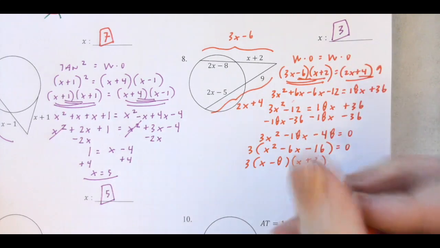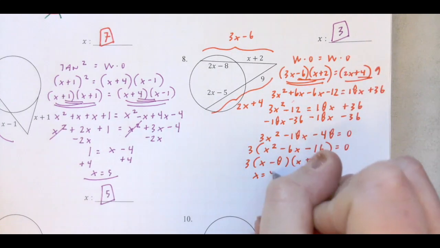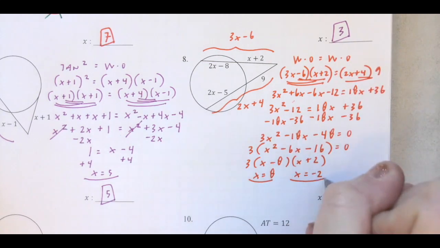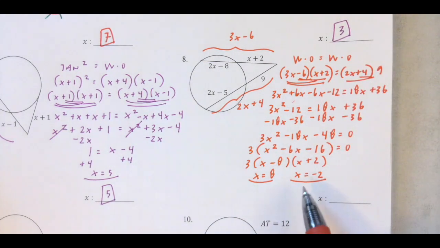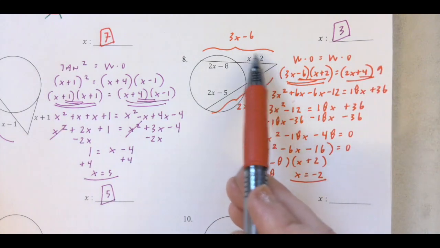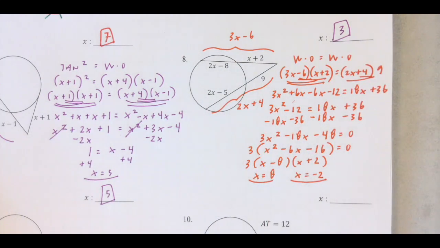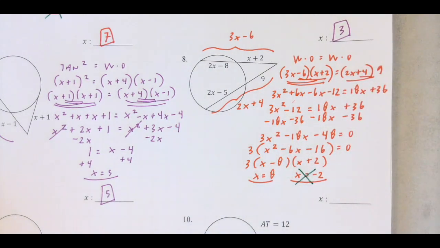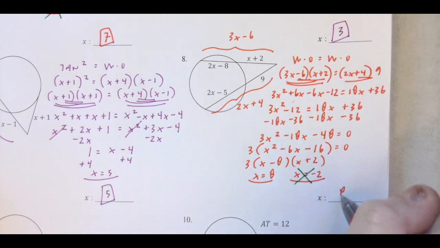Set each factor equal to 0 and solve. X equals 8, x equals negative 2. But again, if I plug in the negative 2 here, that would make this segment equal to 0, and that is just not possible. So that solution is out. The only one that works in this context is x equals 8.